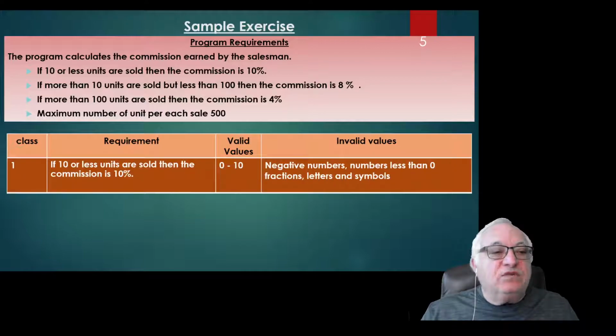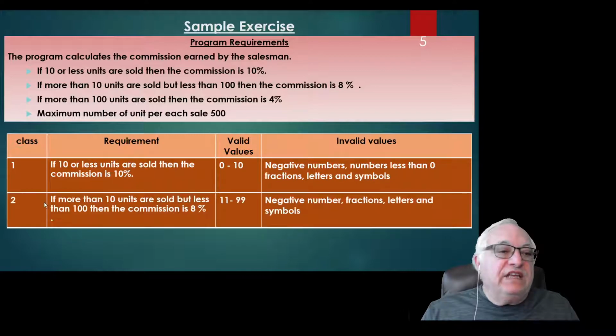So for class 1, we say if less than 10 units are sold, then the commission is 10%. The valid values for this are going to be between 0 and 10 units. Now the invalid values are going to be the negative numbers less than 0, fractions, letters, and symbols.